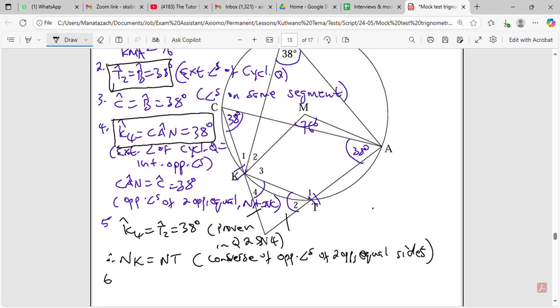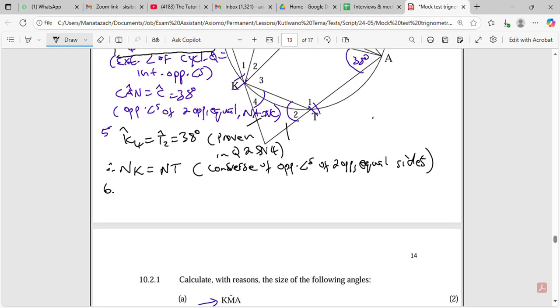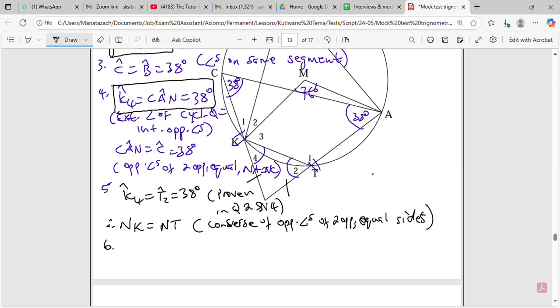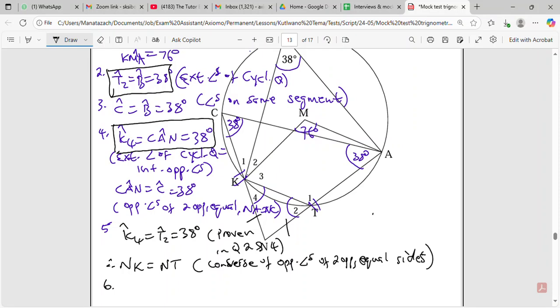So now let's do the final question, final for today. 10.2.3, prove that AMKN is a cyclic quadrilateral. So that's AMKN. Okay, we know about angle M, it's 76.